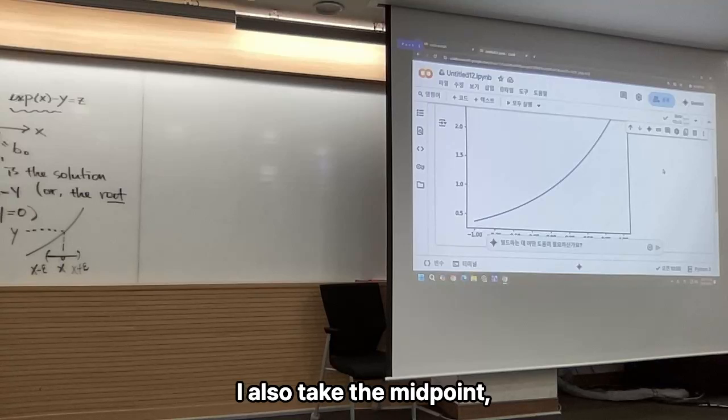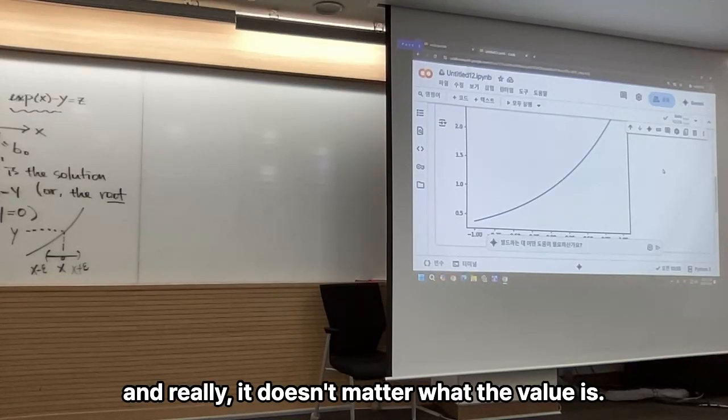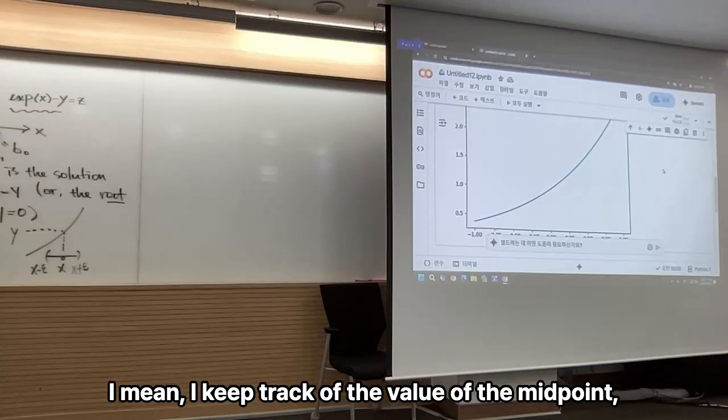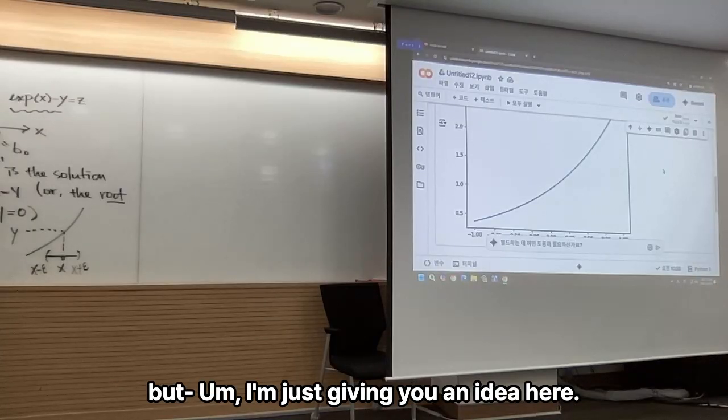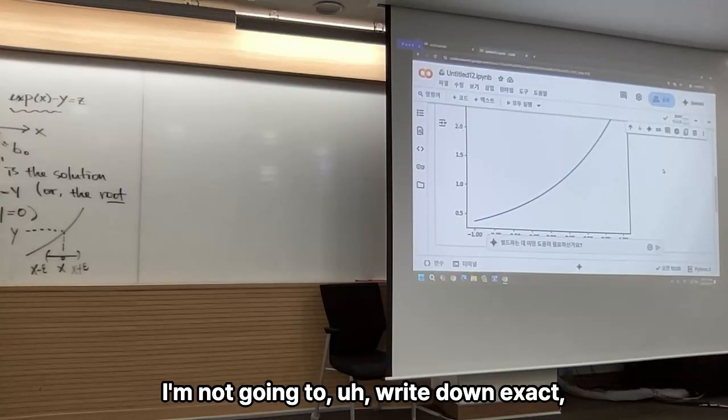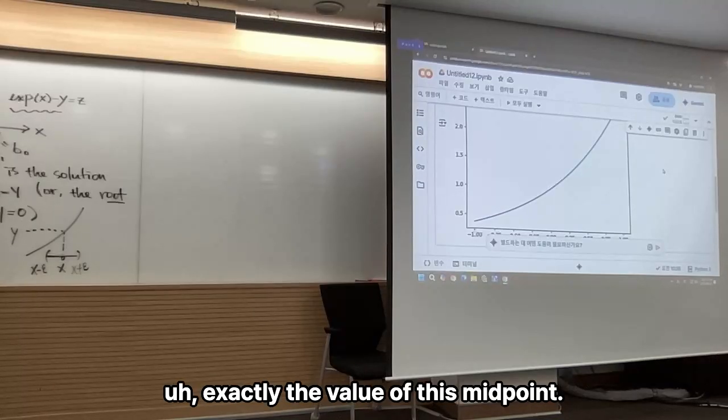I also take the midpoint here. It really doesn't matter what the value is. I keep track of the value of the midpoint, but I'm just giving you the idea here. I'm not going to write down exactly the value of this midpoint.